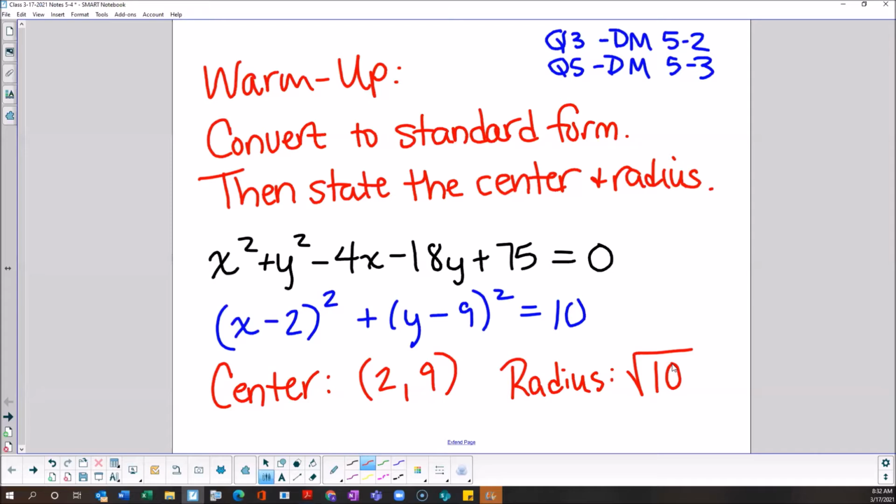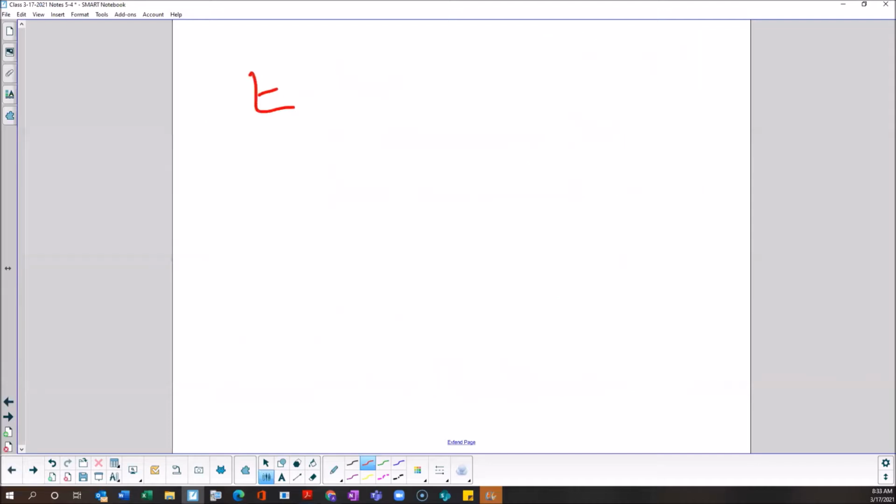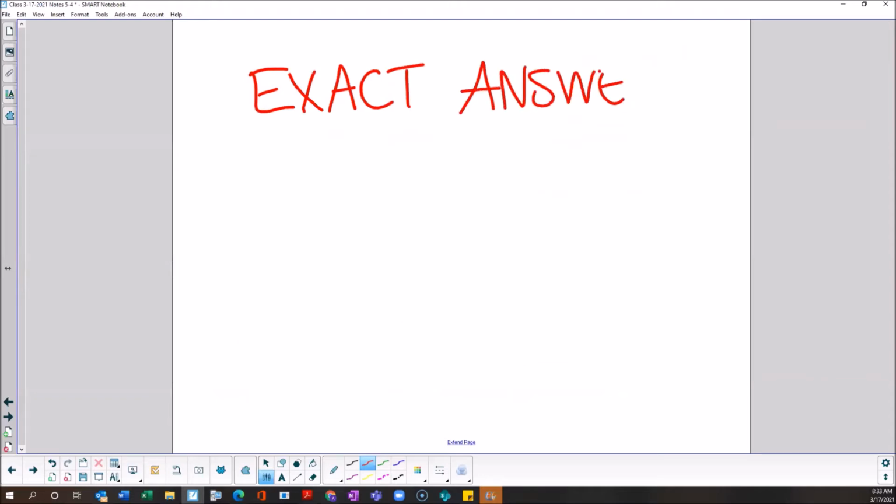Okay, on the last quiz and test, a lot of people missed problems because you didn't put the answer in the correct format. If it says to give an exact answer, let's go over this, all right? What does an exact answer mean? That means no decimals, okay?